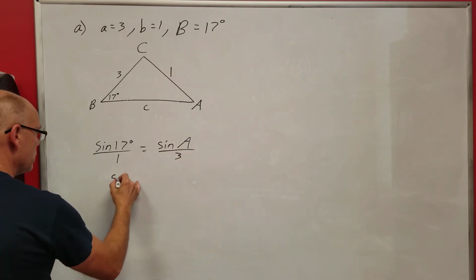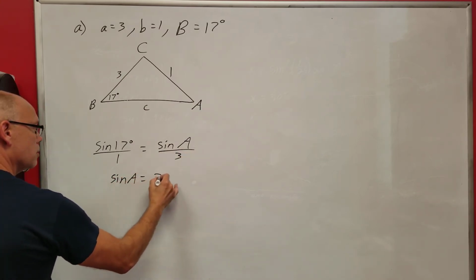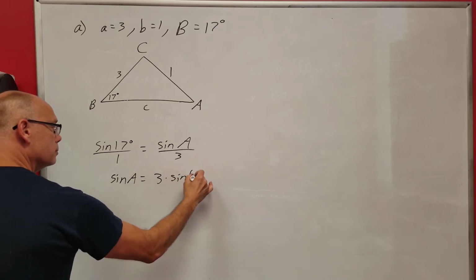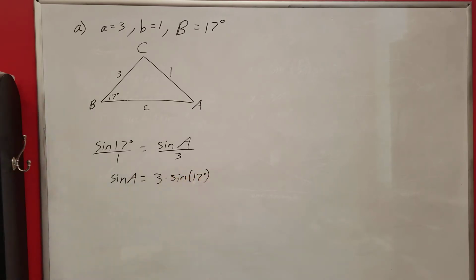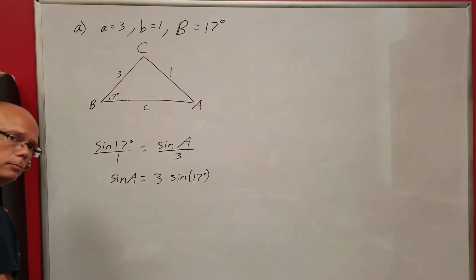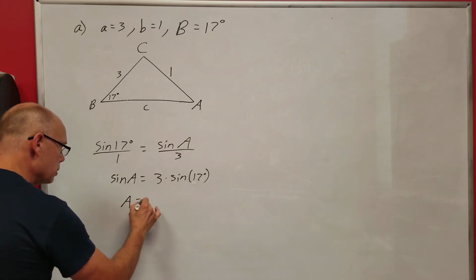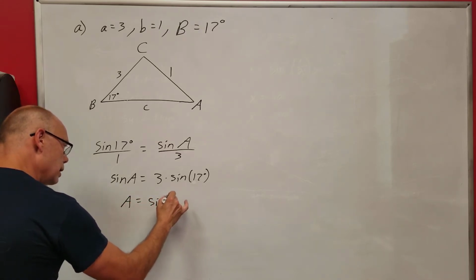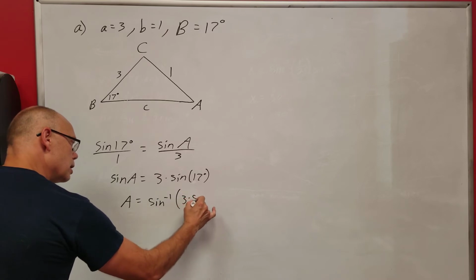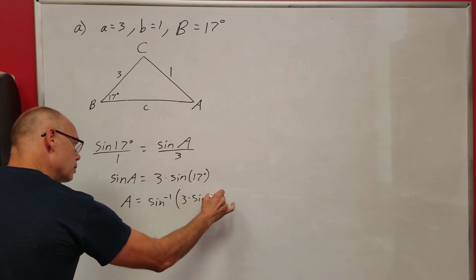And if I cross multiply, I get sine of A is equal to 3 times sine of 17 degrees. Now, how do we solve for A right here? We just solved for x a minute ago. We would say A is equal to the angle whose sine is 3 times the sine of 17 degrees.